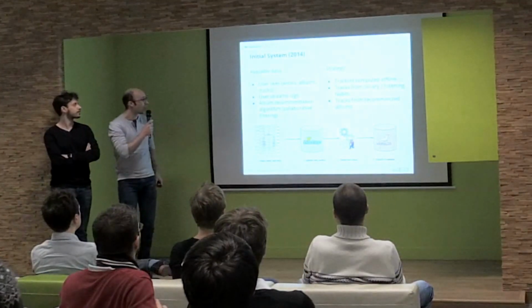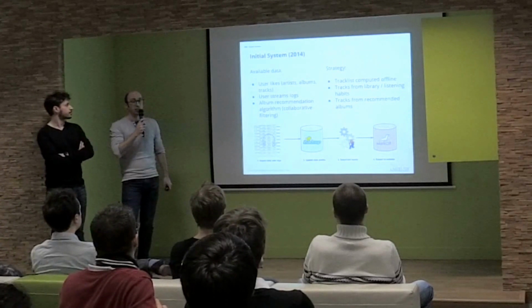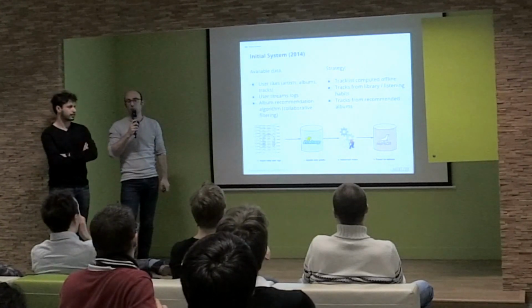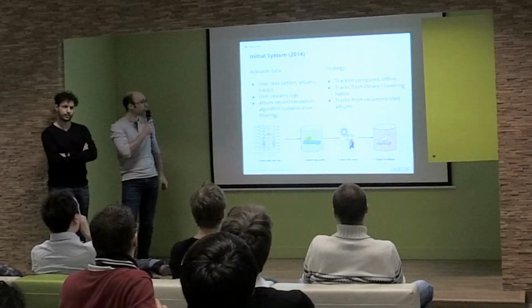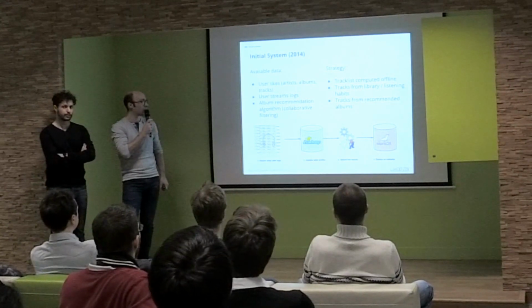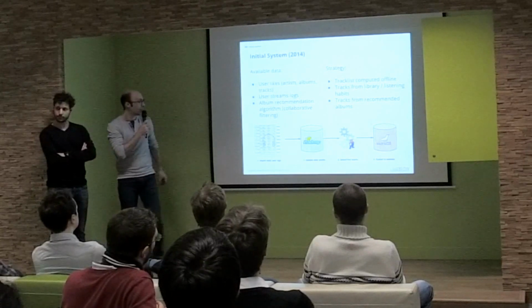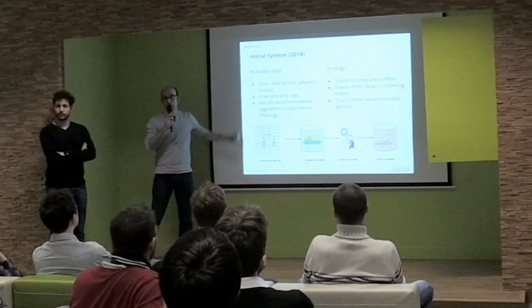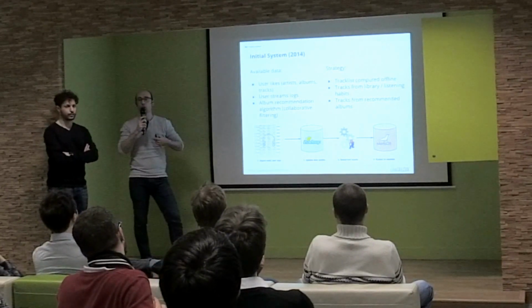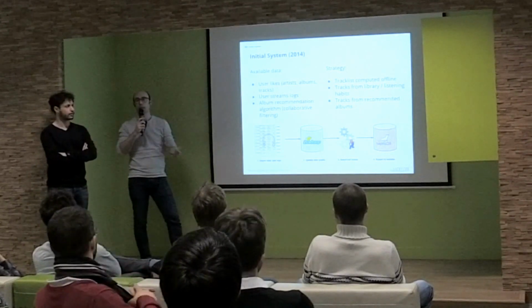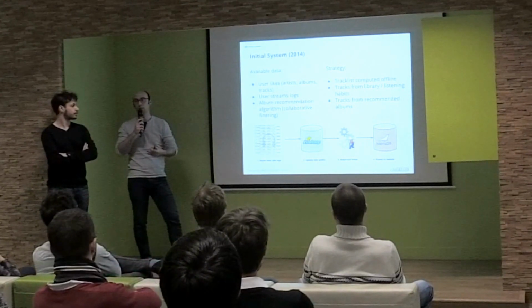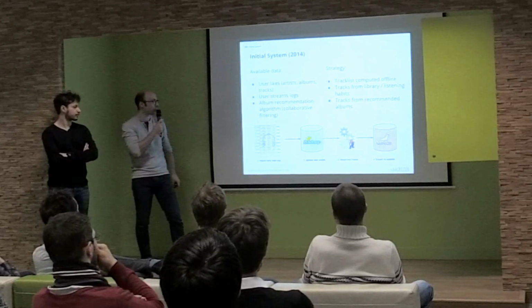So, this is a huge problem. We decided to start step by step. What we already had at this time was user likes. I mean, users can add albums and playlists or like artists on the application.